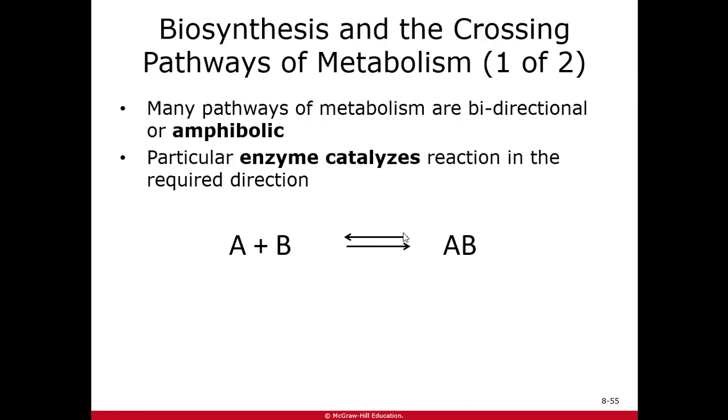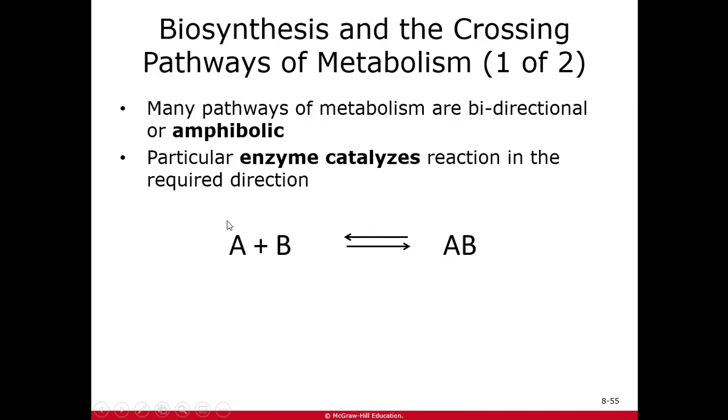There is a specific enzyme that helps do that. And then there's another enzyme that can take AB and reverse it and break it down into its separate parts. So you can put them together, build them up, then go right back and break them back down.